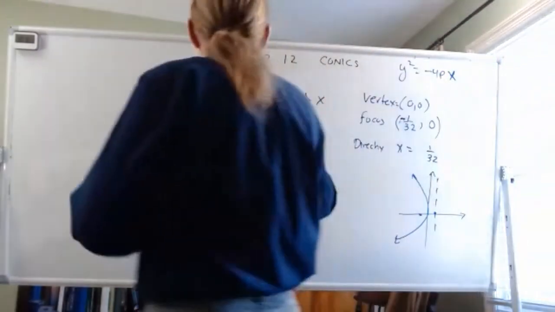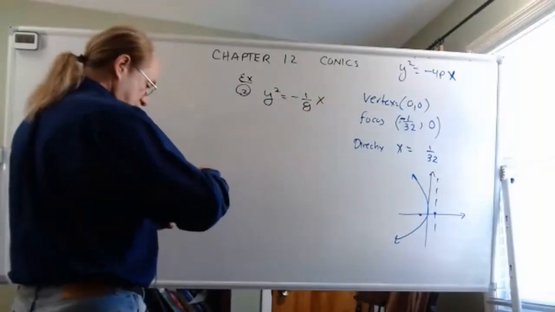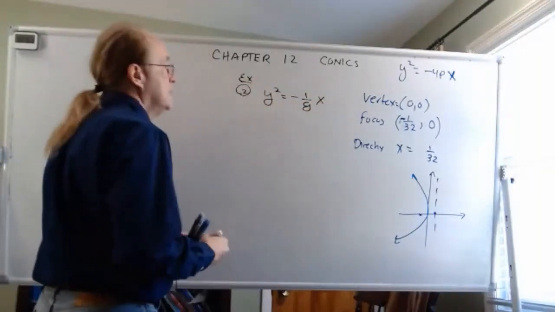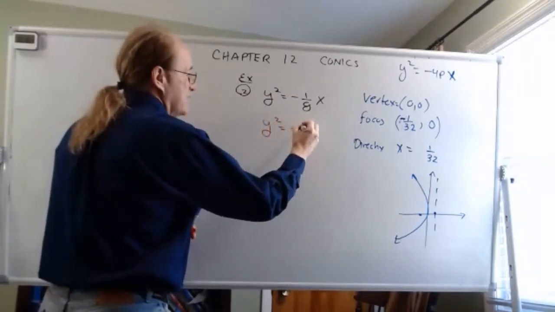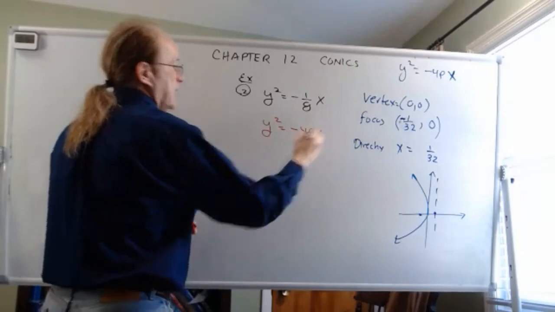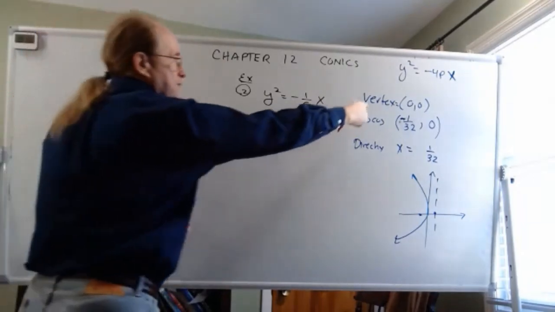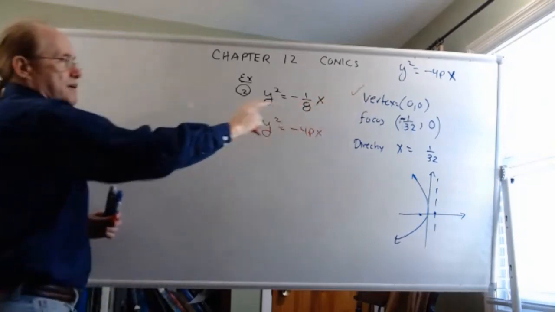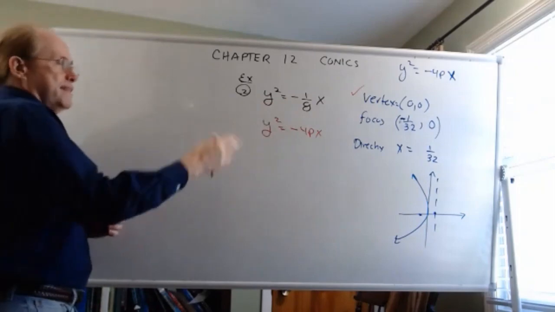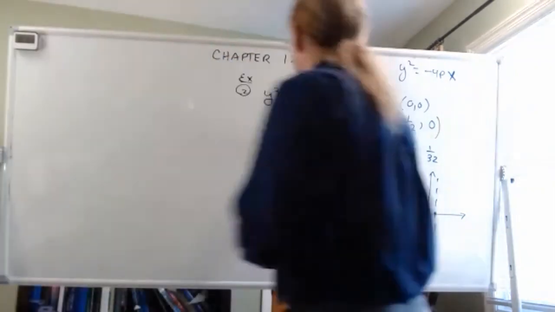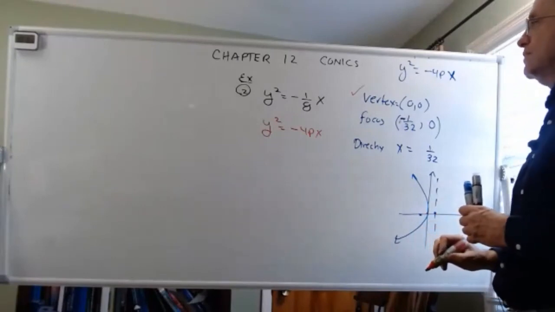Okay, let's compare it. So when I have a negative, I have to compare it to the similar form. So this is of the form y squared is negative 4px. Okay, so I can see the vertex is simple. If I don't have any y's or any other constants sitting there, then I know that the vertex is always passing through the origin.